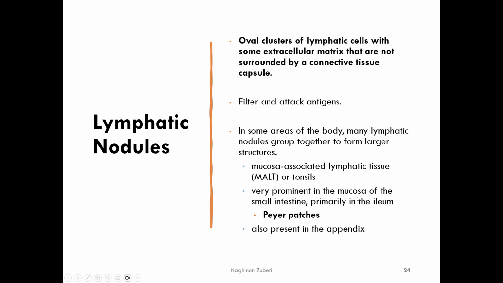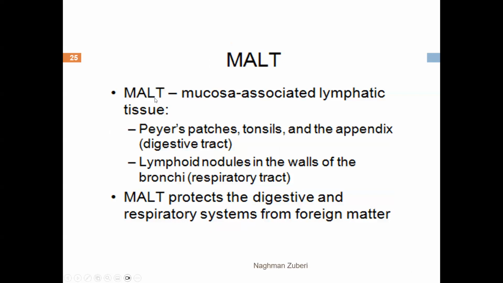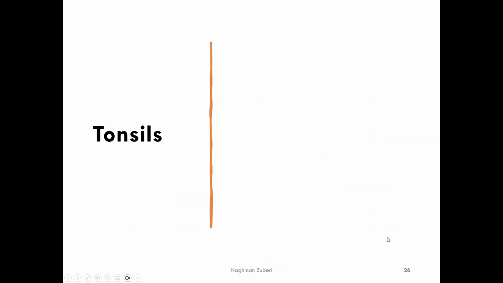They are very prominent in the mucosa of the small intestine, primarily in the ileum, where we call them Peyer's patches. They are also present in the appendix. MALT, Peyer's patches, tonsils, and the appendix are all present in the digestive tract. Lymphoid nodules in the walls of the bronchi are present in the respiratory tract. MALT protects the digestive and respiratory systems from foreign matter.